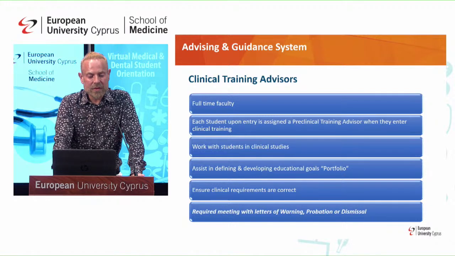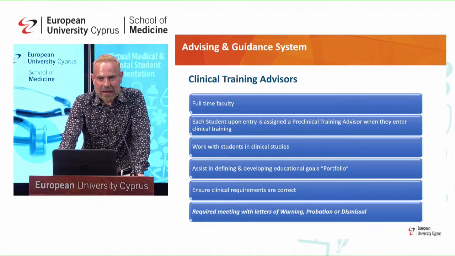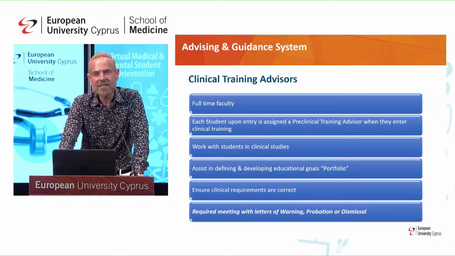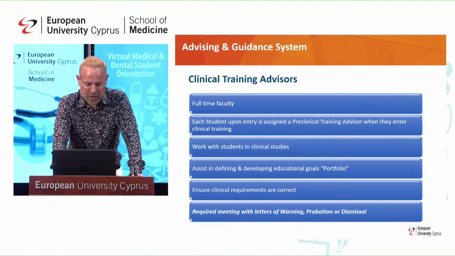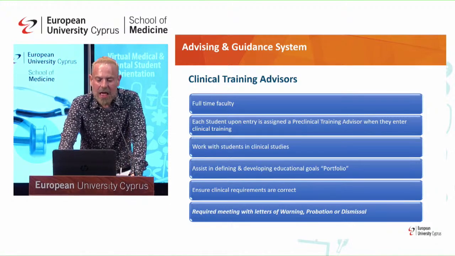Again, they're full-time faculty, and as a result, they are people who have tenured track positions. And again, each student will be assigned to a clinical training advisor who will be able to monitor his clinical training performance throughout the clinical years from year 4 to year 6.